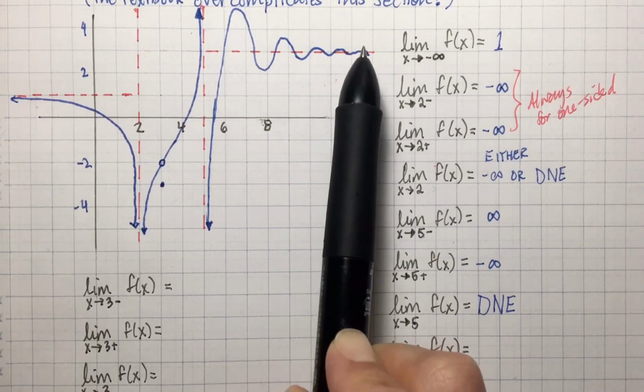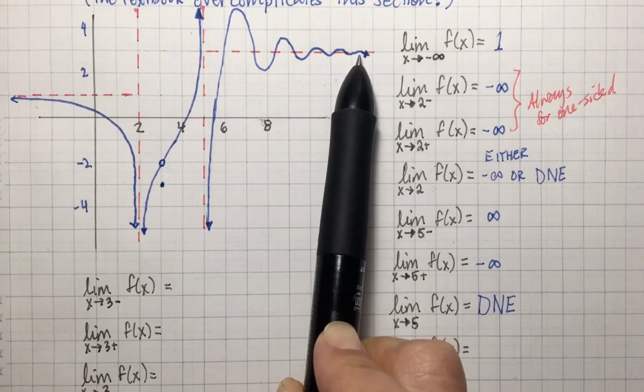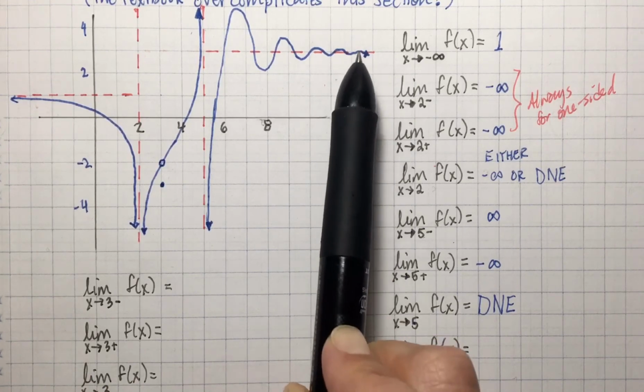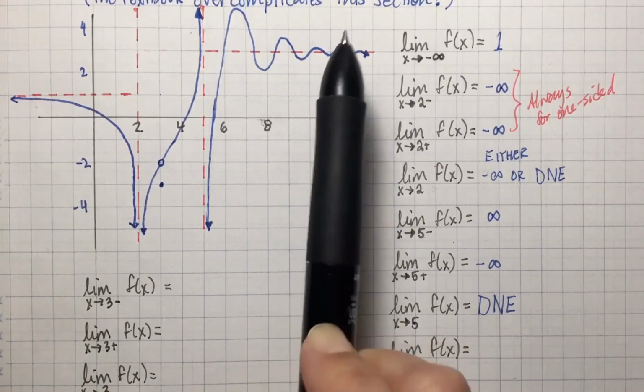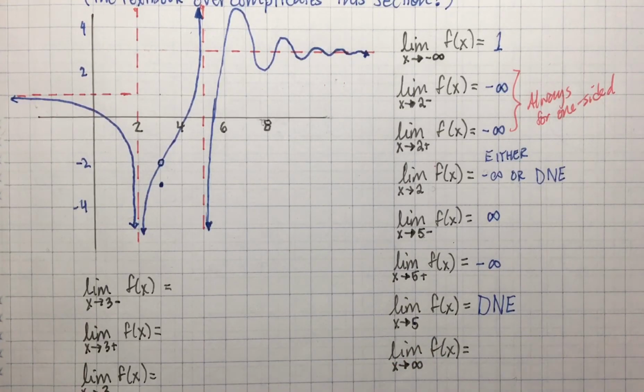Does it equal 3? Well, sometimes. Is it above and below 3? Sometimes. But is it always close to 3? Yes. And that's why we do say, yes, this limit is 3. People get a little confused by that, and that's okay. But just remember, what does y get close to as x gets close to, in this case, infinity? It gets close to 3, so that's why we say the limit is 3.